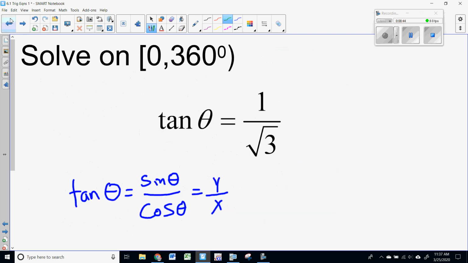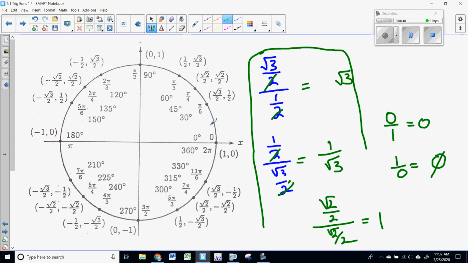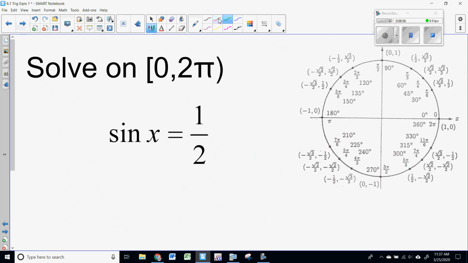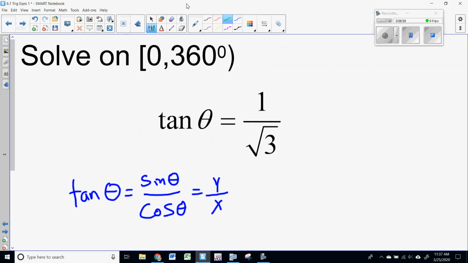So if our answer here is 1 over the square root of 3, as we think about this, we need a y coordinate of 1/2 and an x coordinate of square root of 3 over 2. So to do this, we want to think about, okay, our y coordinate is 1/2, our x coordinate is square root of 3 over 2.